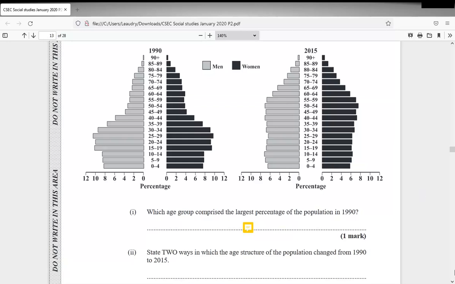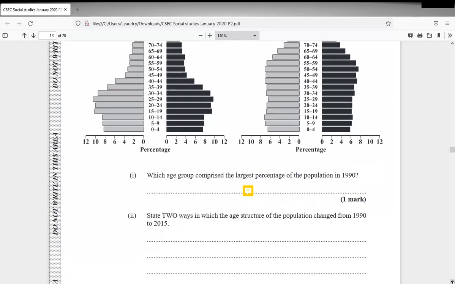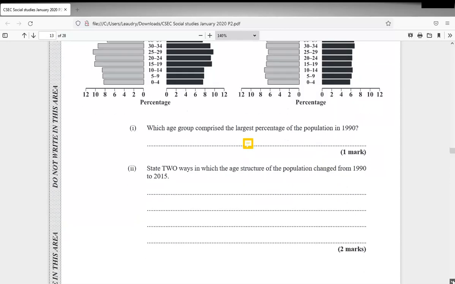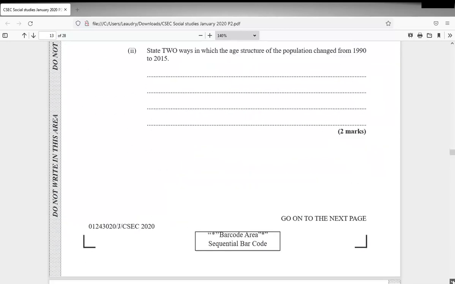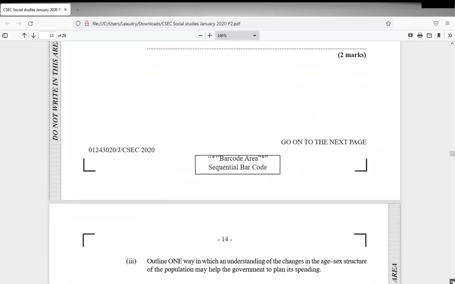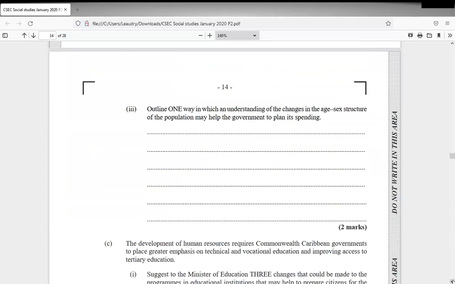So that's another way we saw a change from 1990 to 2015. So there was an increase in the aging population. All right, let's move on. So there is a reduction in the younger generation, and the aging one increases.